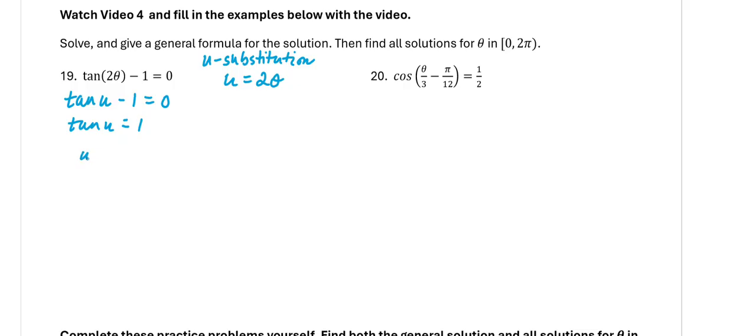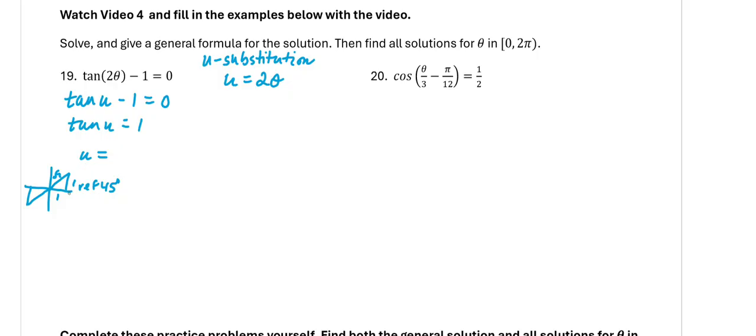And so now we do find what angles make tangent 1, right? So for tangent to be positive, we must be in quad 1 or quad 3. And then tangent is 1 when the two sides of the triangle are equal. That's that 1, 1, root 2 triangle. That is the reference 45 or pi over 4 triangle.